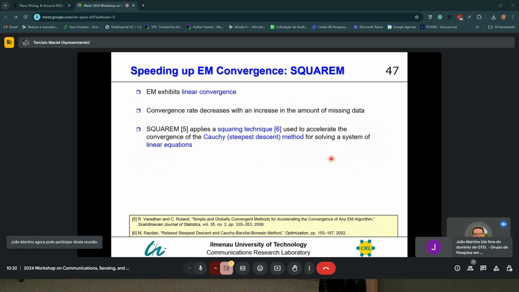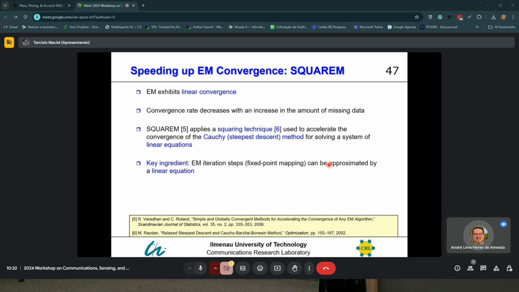We found one existing technique, which is called square EM. It is a technique that is used to accelerate the convergence of the steepest descent method. What we want to do is adapt this approach to the PMF estimation context. The main idea is that we can approximate the EM iteration steps by a linear equation.